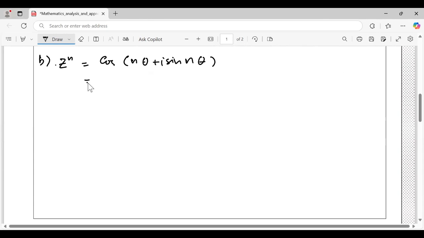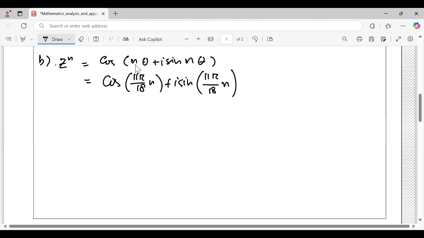So it is cosine 11 pi n over 18 plus i sine 11 pi n over 18.